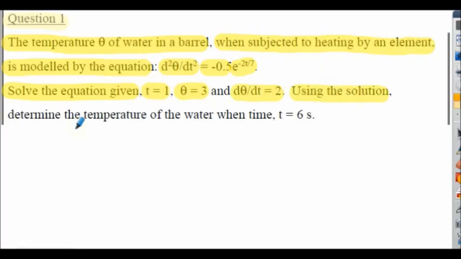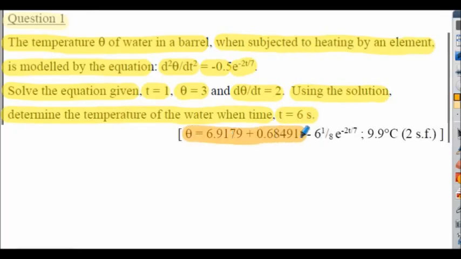Using the final solution, we need to determine the temperature of the water when time t is equal to 6 seconds. Here are the answers to the question for your reference. And I would now encourage you to start the presentation and attempt question 1, but I will show you the full work solution on the following slides.